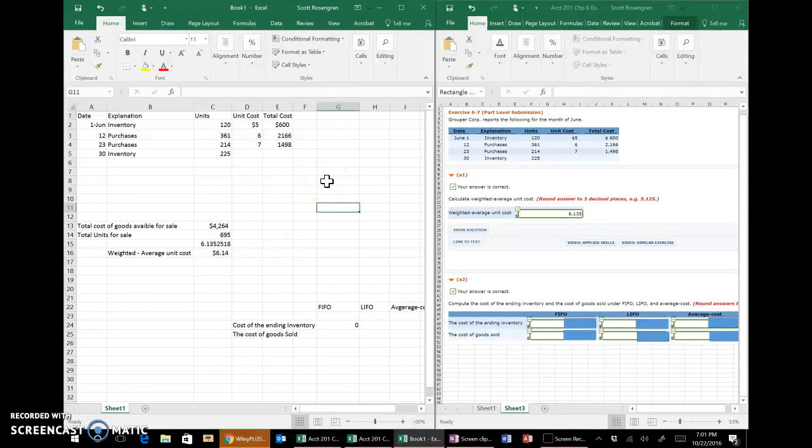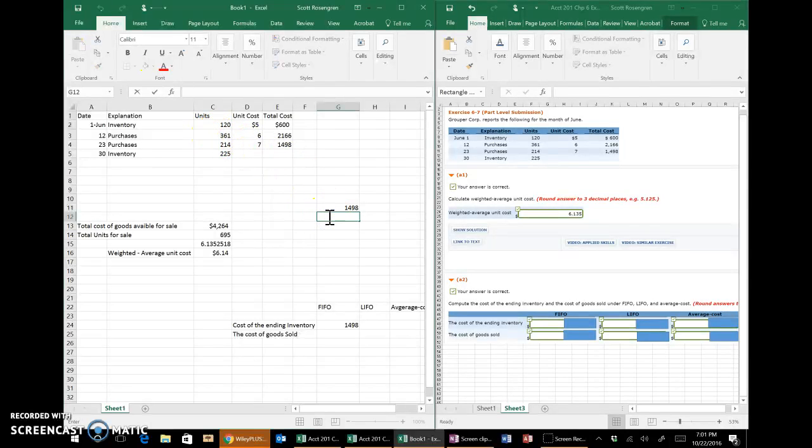214, and times that by 7, and that'll get us 1,498. And then we still need 11 more units because this is only 214 and there's 225. So we'll take 11 units out of this purchase.